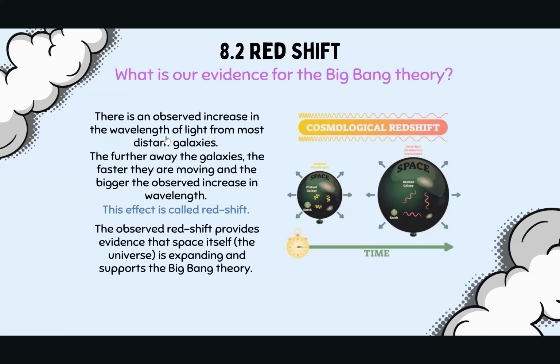Okay, now what evidence do we have for the Big Bang theory? There's an observed increase in the wavelength of light from most distant galaxies. The further away the galaxy is, the faster it's moving and the bigger the observed increase in wavelength. This effect is called the redshift. So the observed redshift provides evidence that space itself is expanding and supports Big Bang theory.